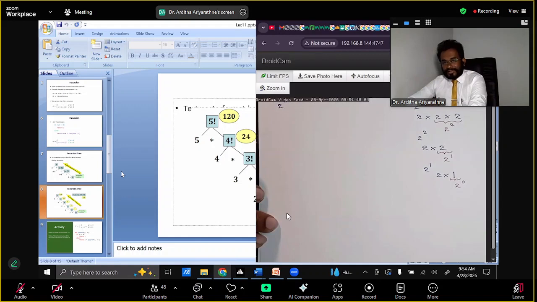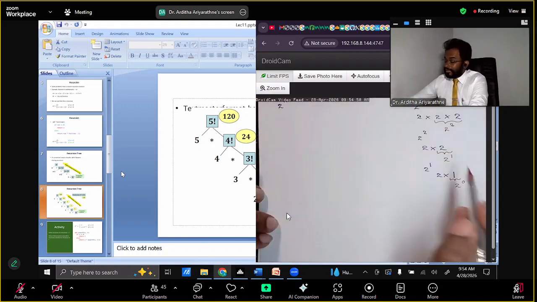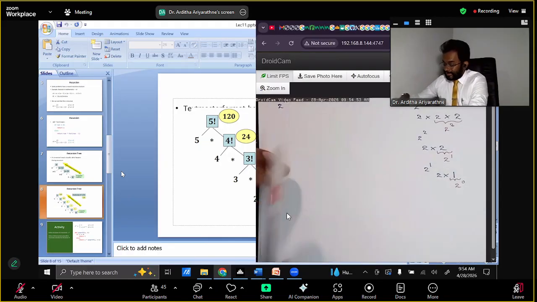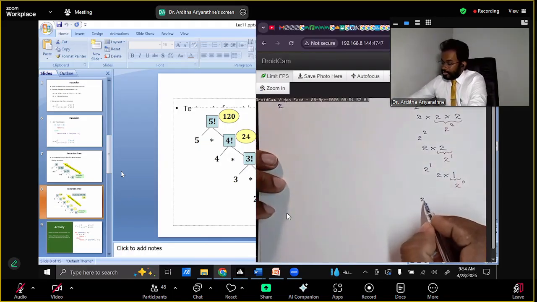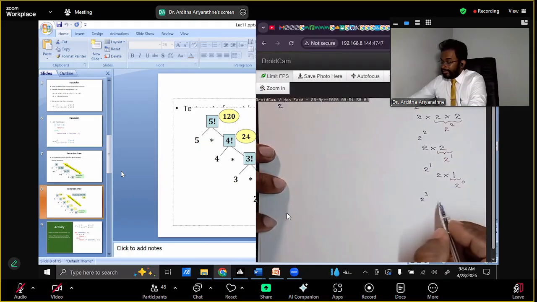So, just as an example, we can write like this. 2 to the power 3 means 2 multiplied by 2 to the power 2.